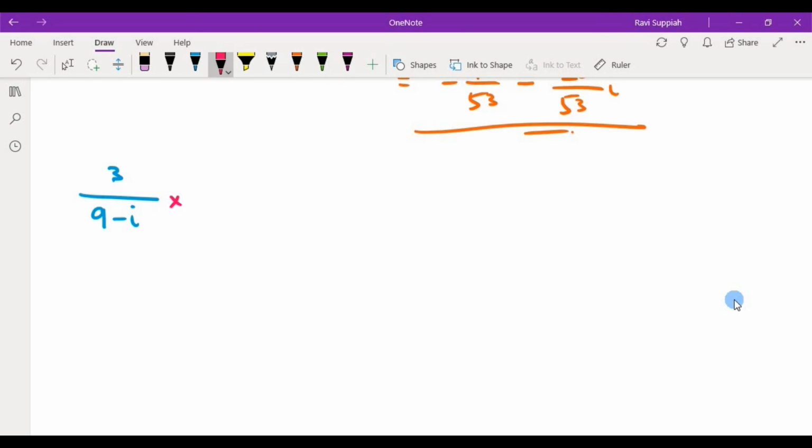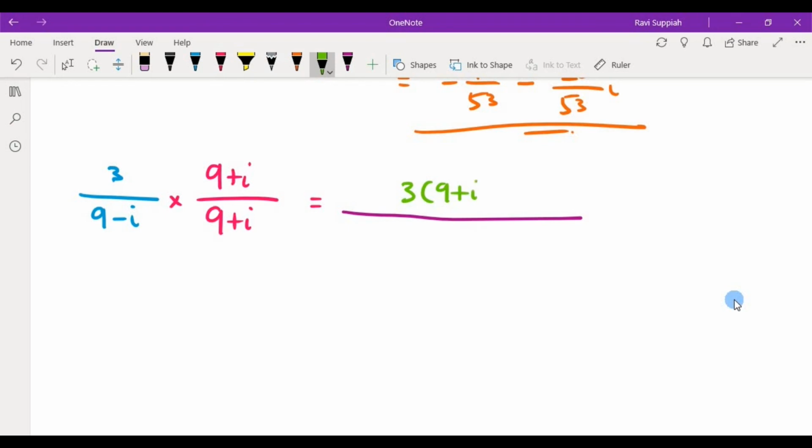The complex conjugate of the denominator 9 minus i is 9 plus i, so we multiply by 9 plus i over 9 plus i. That gives us 3 times (9 plus i) over (9 minus i)(9 plus i).